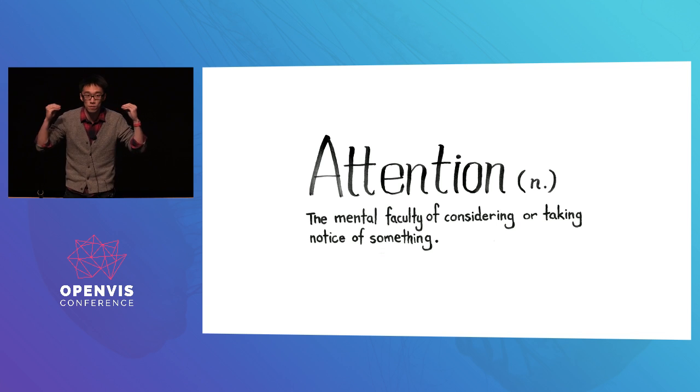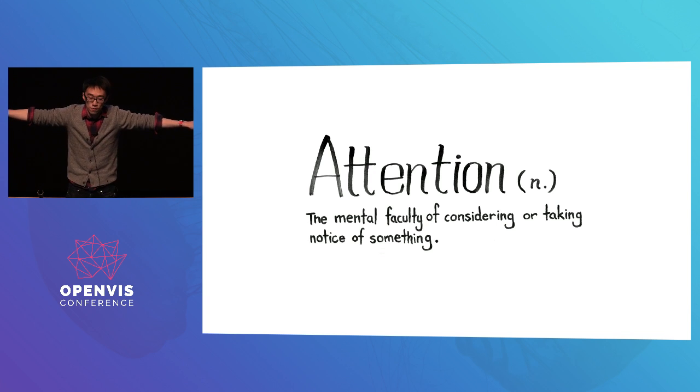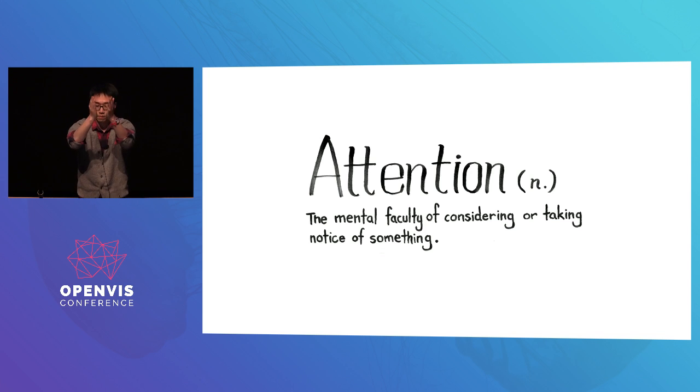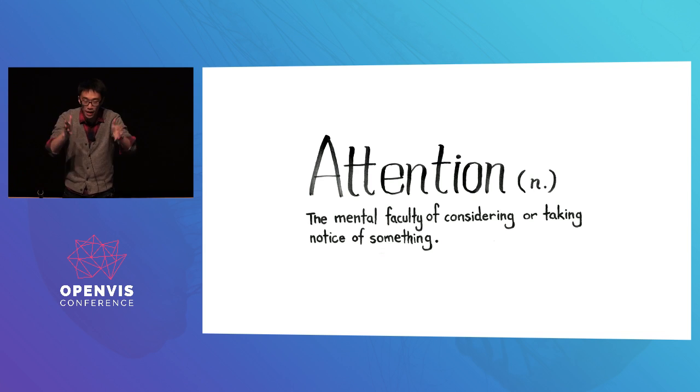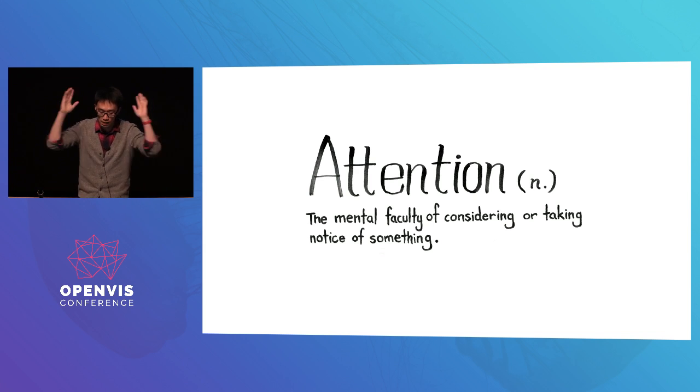Your eyes can take in a lot of information constantly. Your brain is doing the act of filtering all that, discarding what is irrelevant, and focusing on something that is relevant. And that process of filtering stuff out is attention. When I'm doing the work of filtering things out, that's paying attention.